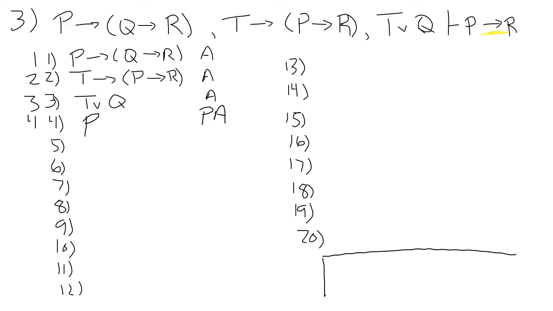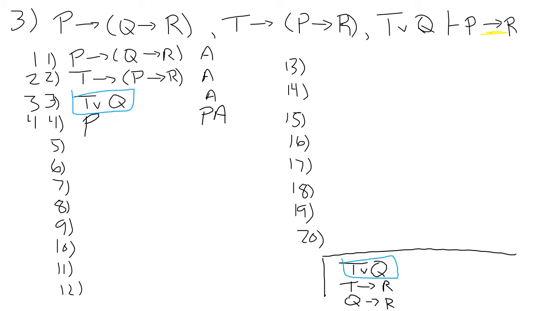So we recognize that we've got a wedge in T or Q. So what we should be doing is looking to find a wedge out in which both of these lead to R. So we've got our disjunction here.